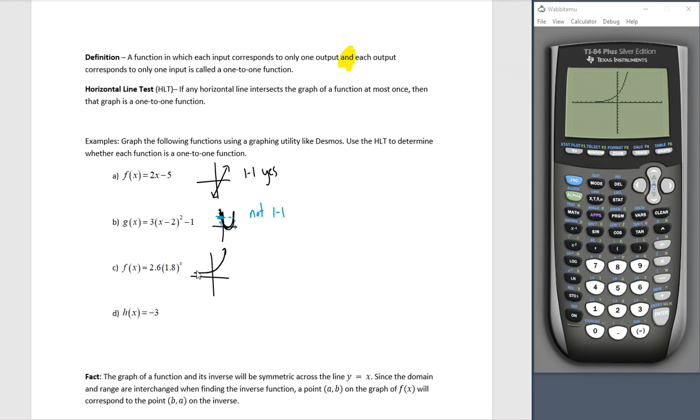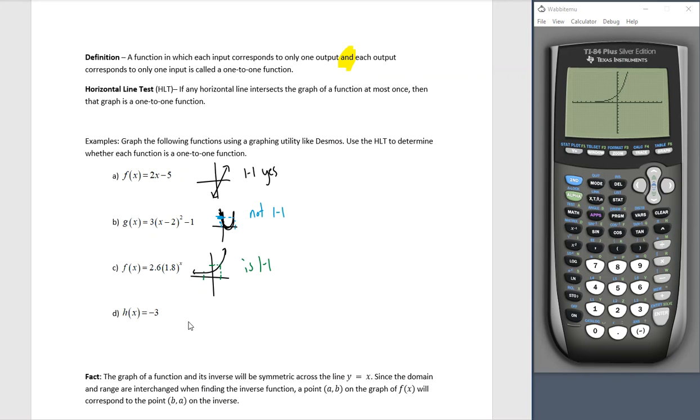This particular one is always increasing. Notice for each x, there's only one y, and for each y, it comes from only one x. It doesn't matter which y you choose, there's at most one x. So this is one-to-one.